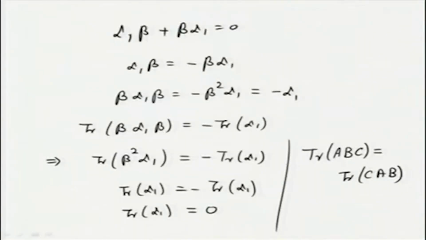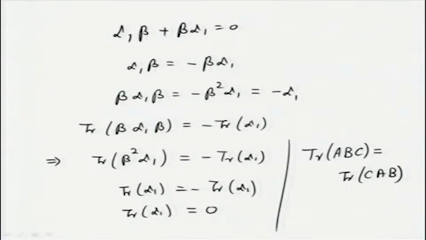So, there are two such properties that we found. Similarly, for other alpha values and even for beta, we can replace alpha 1 by alpha 2 or alpha 3. That will immediately tell you the trace of alpha 2 is also equal to 0, and instead of multiplying the second line here by beta, if I multiply by alpha 1, then again alpha 1 square equal to 1 will give me trace of beta is equal to 0.